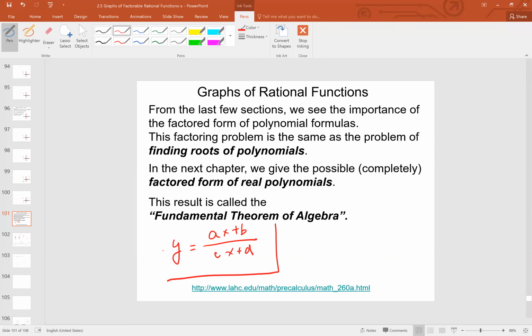For this function, you should be able to graph exactly where the zeros are and where the asymptotes are, and if it goes up, if it goes down. Where's the horizontal asymptote? This is one of the simplest cases.